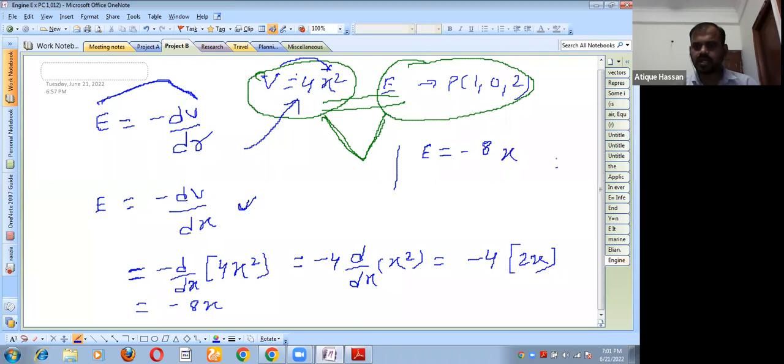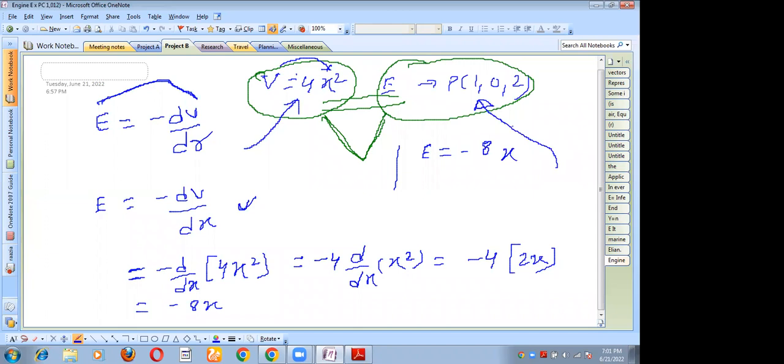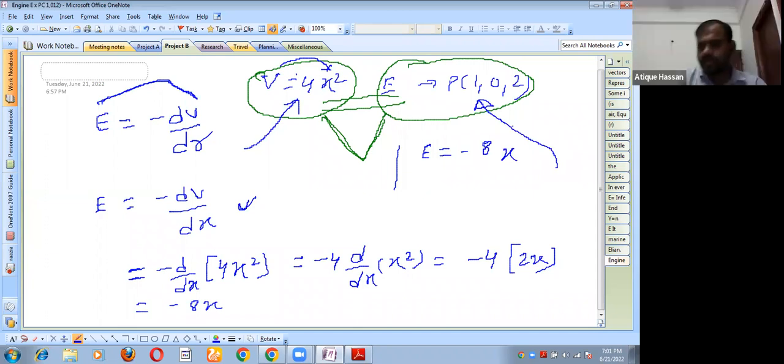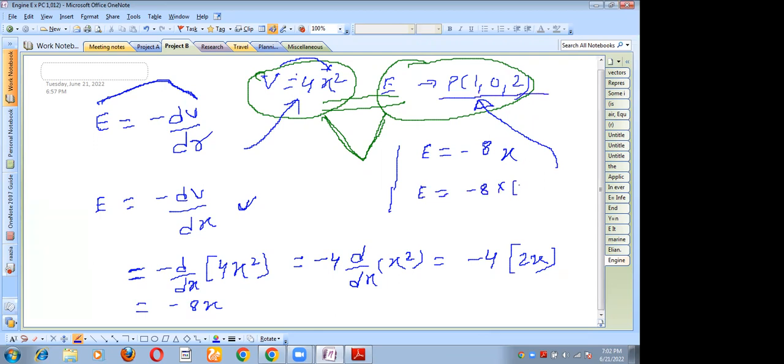Now you have to find the electric field at the point (1, 0, 2). So you will get E is equal to minus 8 into the value of x in this coordinate, which is 1.